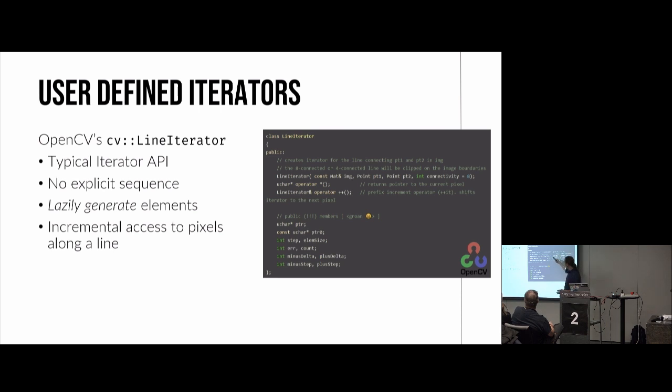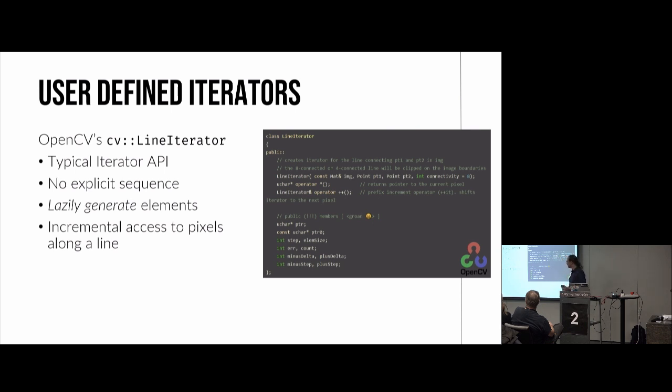I'm going to go over the methods in a minute, but basically the important thing is there is no explicit sequence. The iterator object is actually calculating the line elements one by one as it's incremented. So there is no underlying sequence. It's what's called lazy, because it's only calculating the next element whenever there's actually a request to get it.